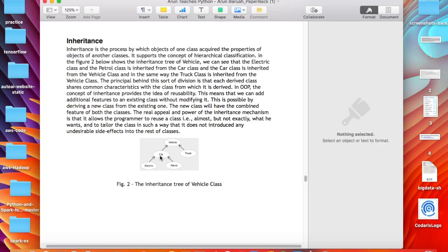This car may be an electric car, petrol car or anything. Then truck can inherit from this vehicle, so truck is another type of vehicle. So this is the figure of the inheritance tree. I hope you understand what is inheritance.